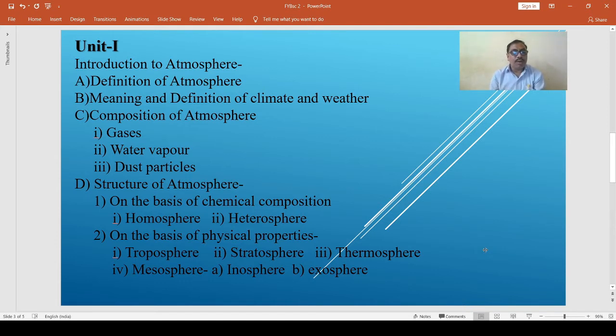We have to study only fog, dew, frost, clouds, and precipitation. Then forms of precipitation: rain, drizzle, snow, and sleet. Then types of rainfall: convectional rainfall, orographic rainfall, and cyclonic or frontal rainfall. The important topic for this unit is application of climatology in the fields of agriculture, settlement, health, trade, and transport.